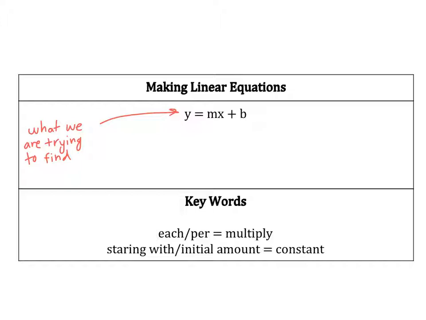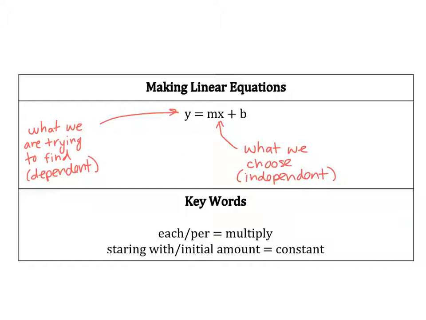And you also might hear it called the dependent variable. Dependent, because this outcome is going to depend on some other input. So our y is always going to depend on what we choose for x, which brings us to x. So x is what we choose, and we call this the independent variable.